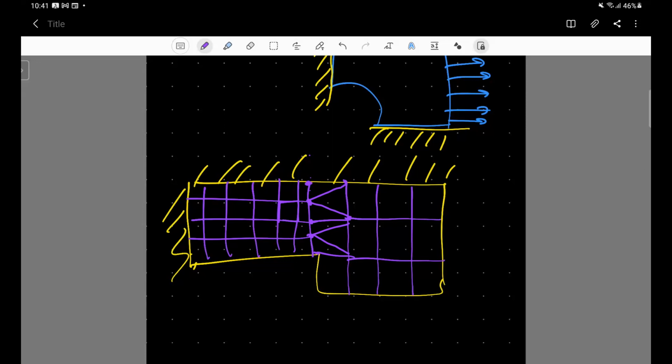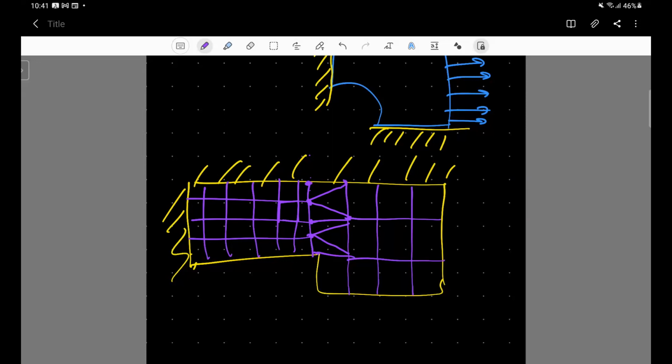So in such places, you need to have natural subdivisions to tackle the discontinuities within the problem that you're trying to analyze.